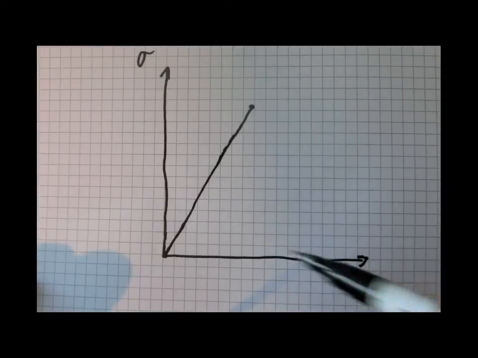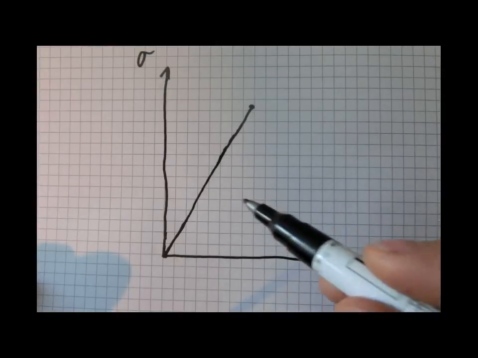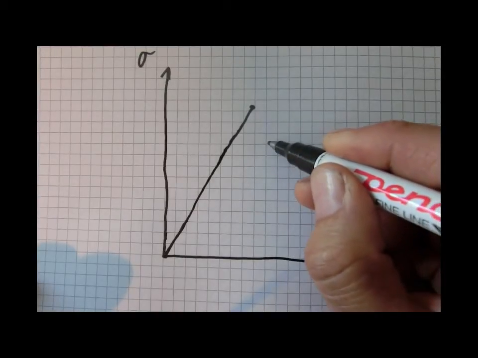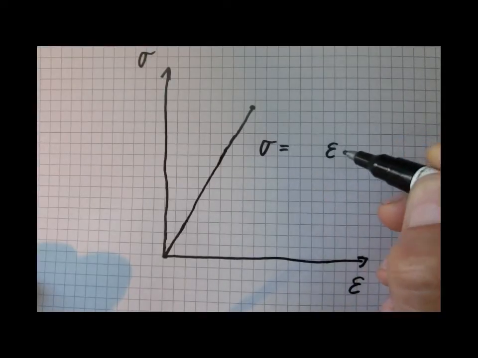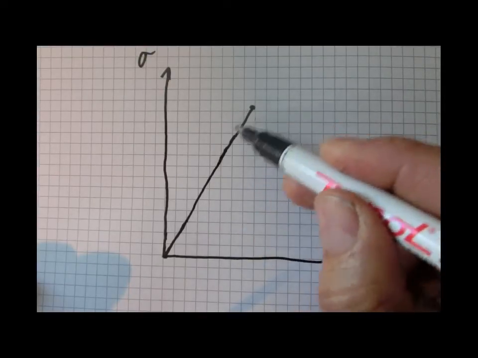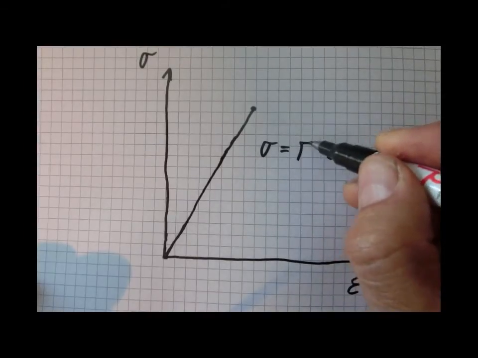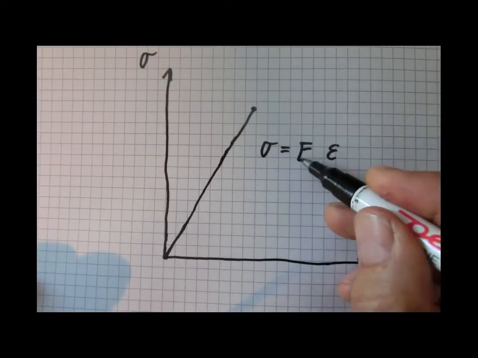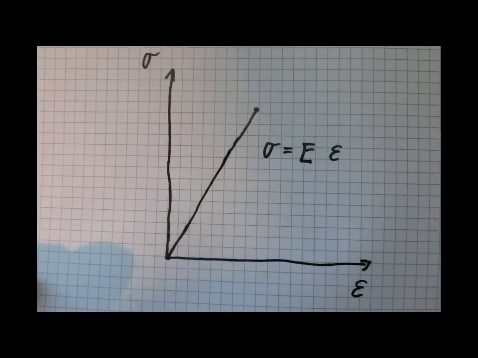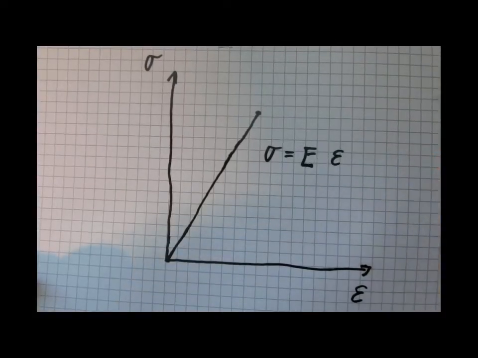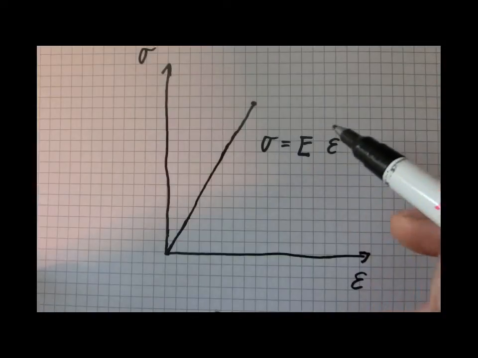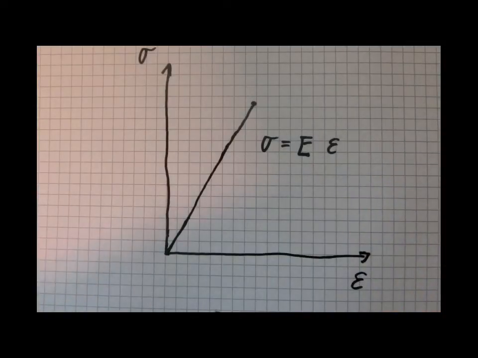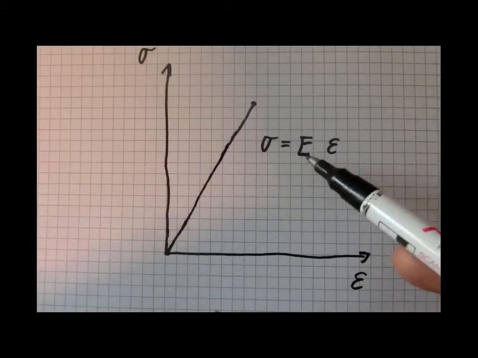We can also put a relation for this. We say sigma is equal to E times epsilon, and as it's a linear relation, E is a constant. This constant, E, is called the elastic modulus, or the Young's modulus, and it represents the stiffness of the material. The E gives the material stiffness.